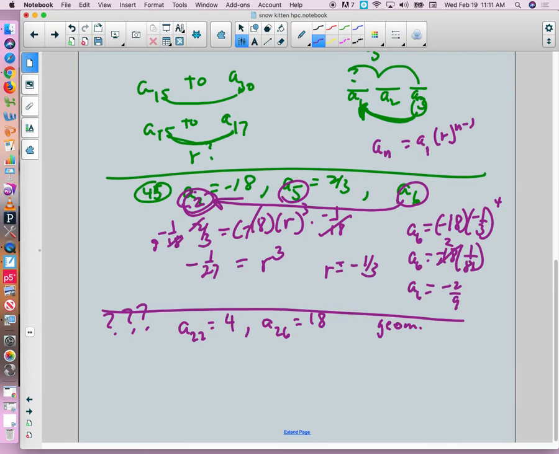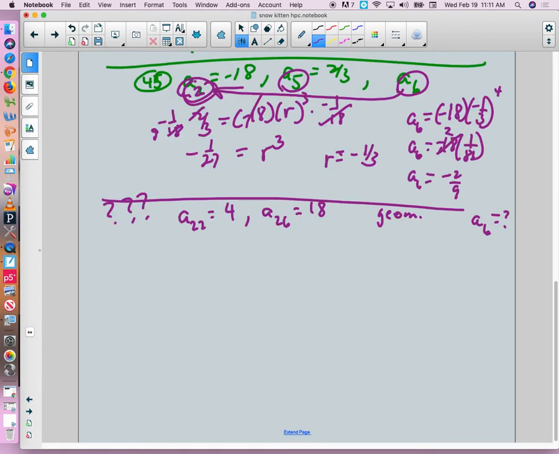So say this was a test or homework, or exam question, and we want to find a sub 6. So what I would think to myself, oh, you just told me it was geometric. That means I started at 4. I multiplied by some ratio. How am I going to get from 22 to 26? 4 times. And I got 18 when I did that.